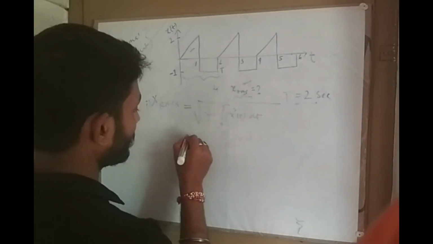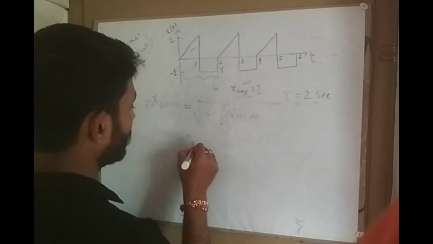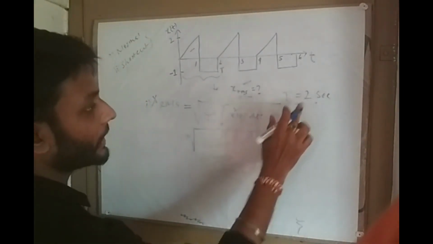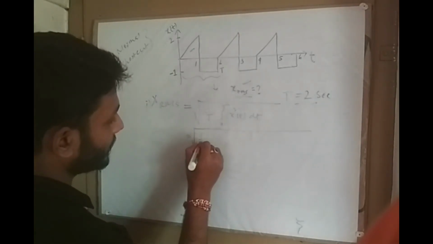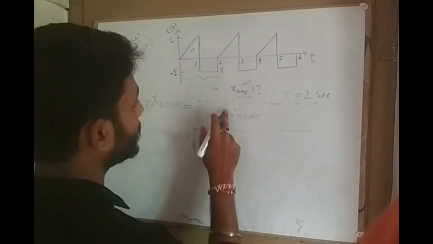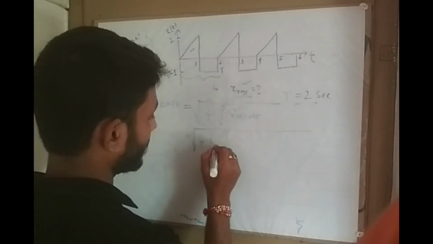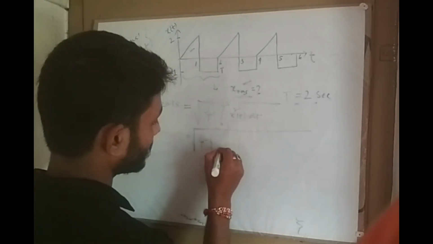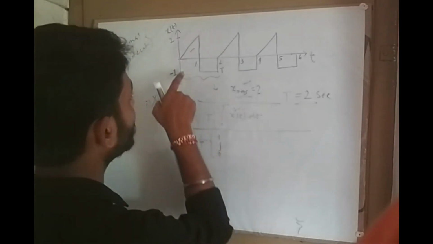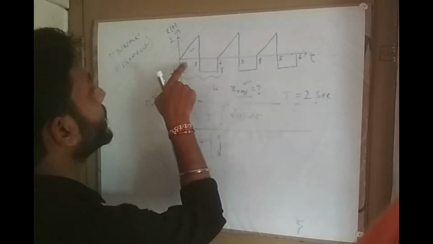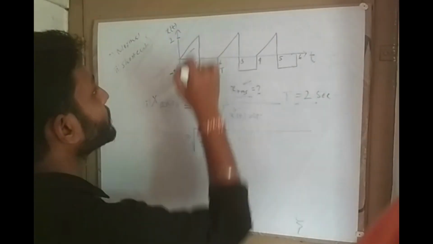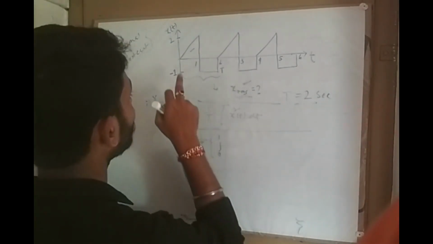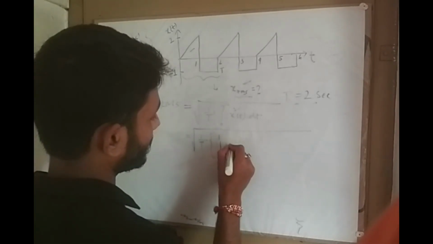Here T equals 2 seconds. So 1 by T, integration 0 to 2 seconds, we will break into 0 to 1 and 1 to 2. For 0 to 1, the x of t is a ramp signal, x of t equals 2t.